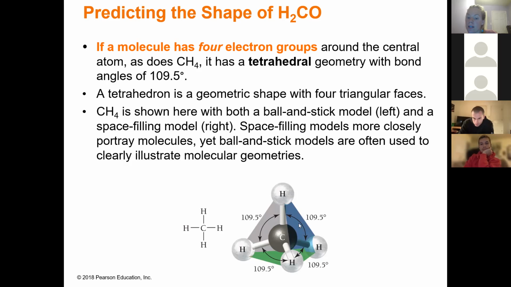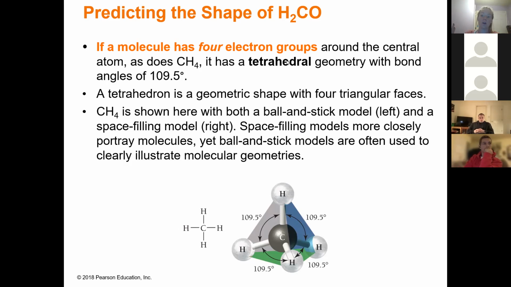These are 109 or 109.5 degrees away from each other. Remember, these things want to move forward and back in space to get as much distance as they can away from each other. So yes, the Lewis dot structure will give us this, but in real space, it looks like this. So 4 electron groups will give us a tetrahedral shape.